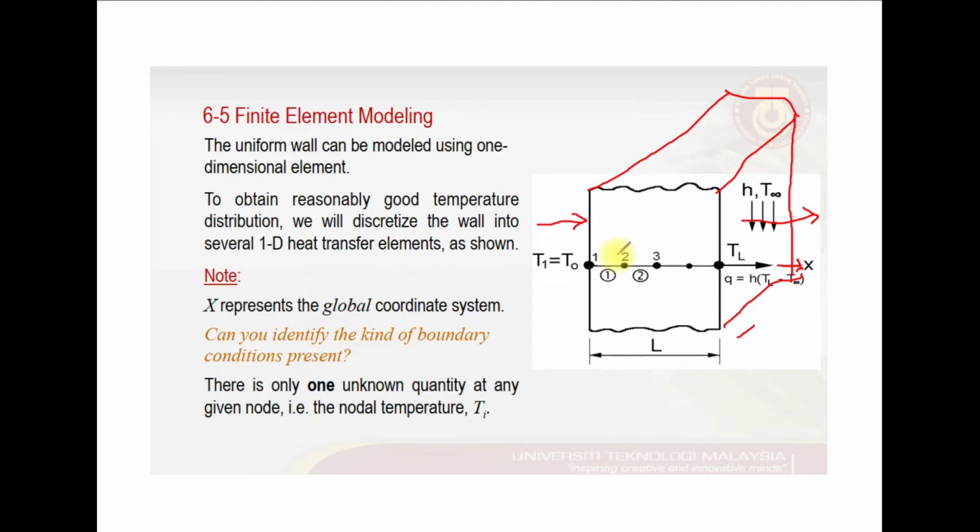This is very similar to the 1D bar problems as we looked at in our earliest topic on finite elements. The way we discretize this plane wall is very similar to the 1D bar problems.